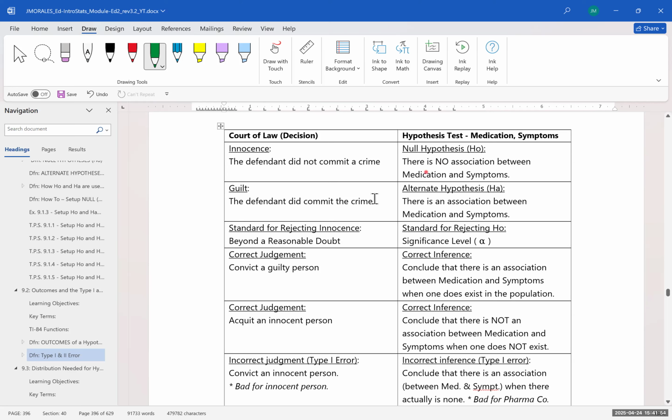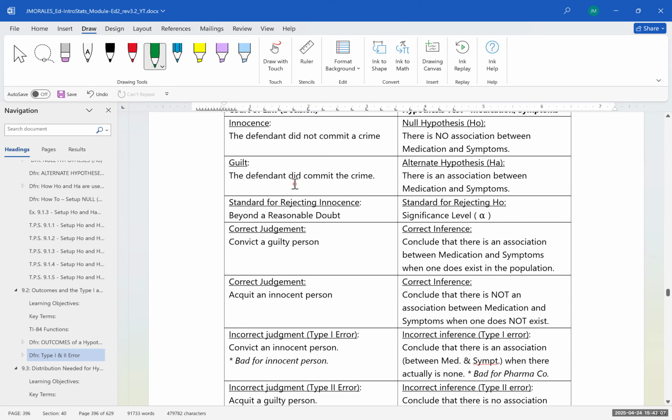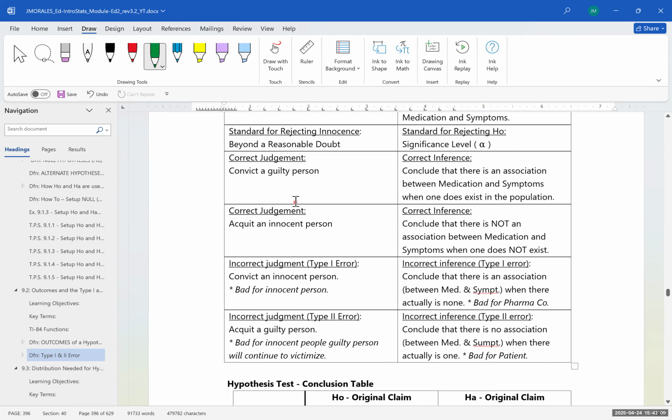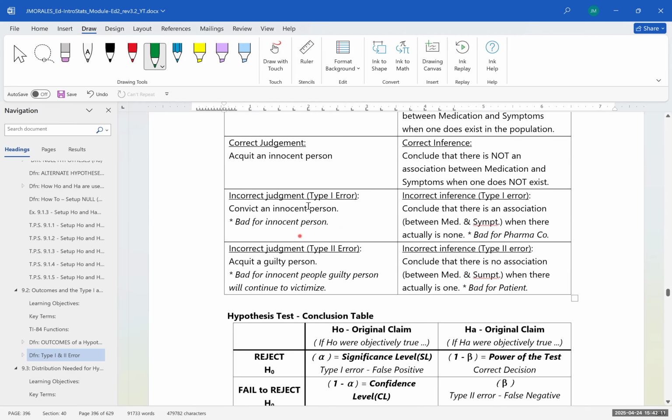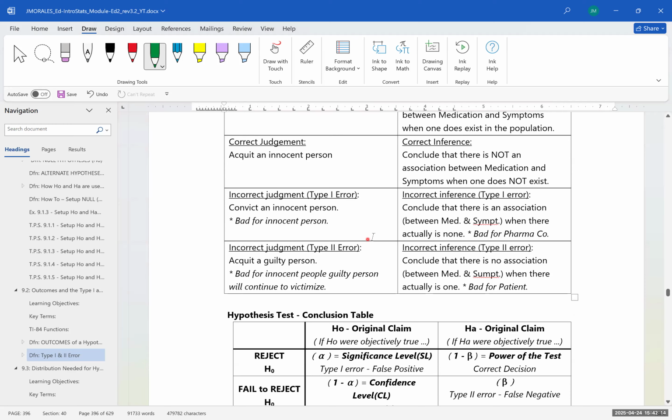So I'm drawing some parallels here between these principles of statistics and hypothesis testing, and maybe something that you might have more understanding or more exposure to, which would be a court of law. Talking about a correct judgment, an incorrect judgment, and how that relates to a type 1 and a type 2 error.